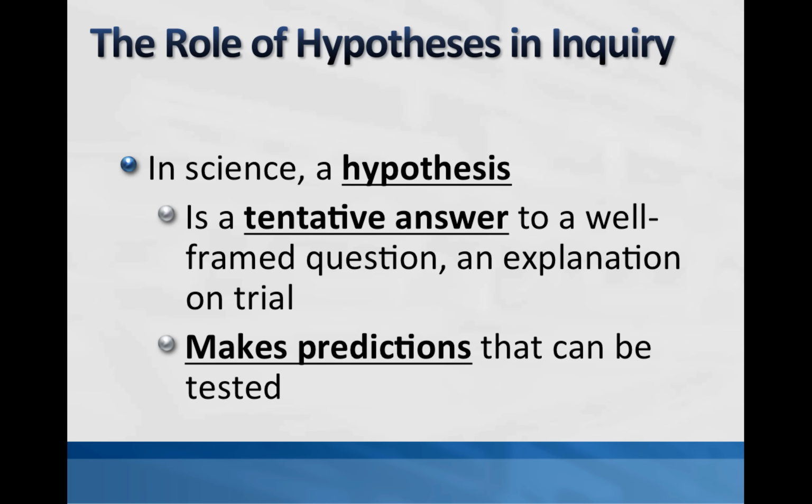So the hypothesis is a tentative answer, a possible answer, or an explanation of a question. The only thing is, it must be a specific question. Like the first question that we looked at with the soil and fertilizer and plant. You have to look at a specific trait.